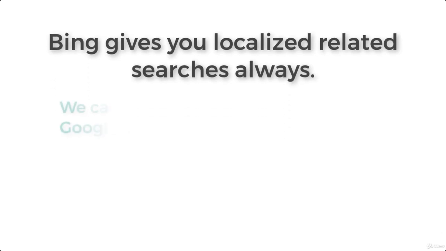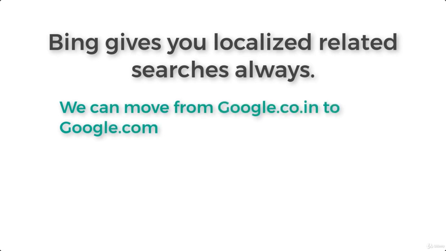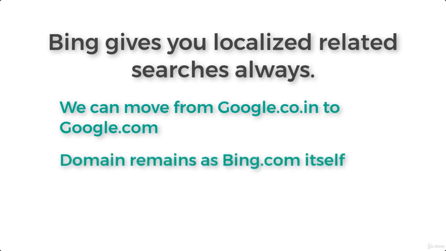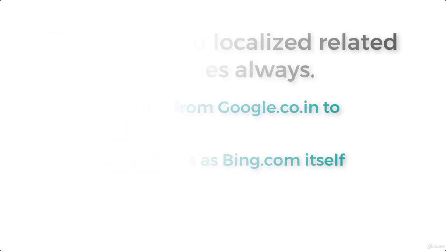In Google, we could move from google.co.in to google.com, whereas in Bing, it always gives you the localized results. However, the domain remains as bing.com itself, so we cannot do anything manually here.